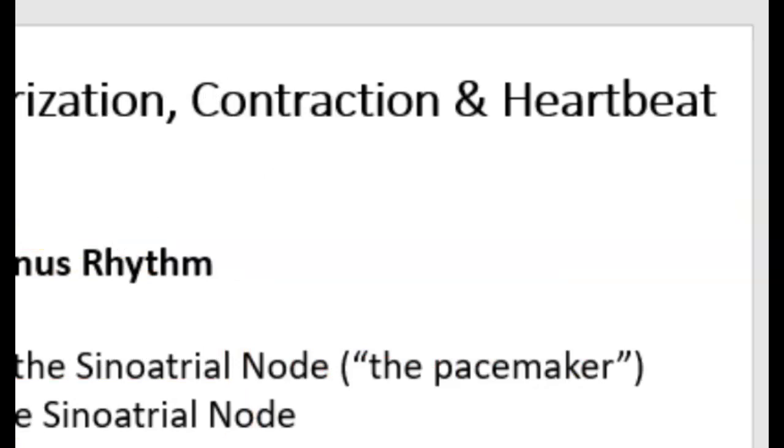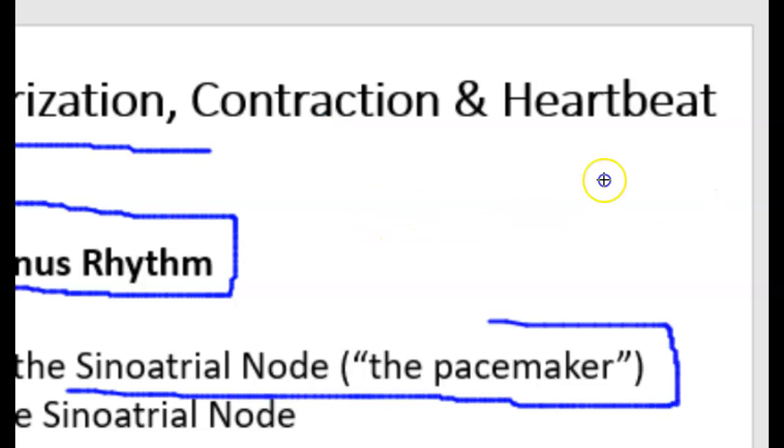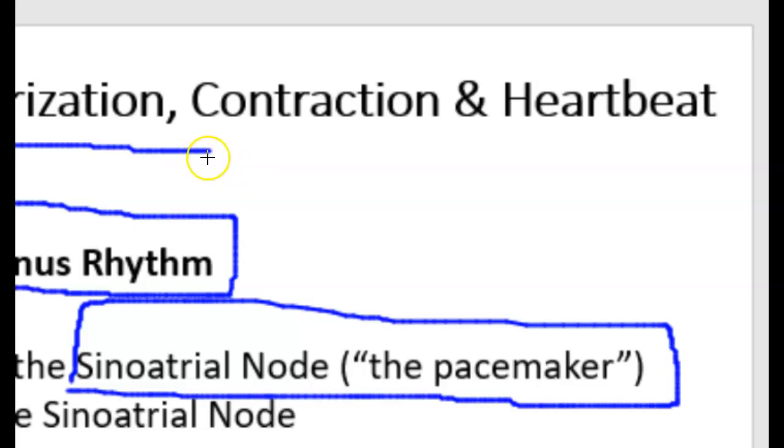So this typical rate of depolarization, or the formation of action potentials, is known as the sinus rhythm, set by the sinoatrial node, which is often called the pacemaker. It causes a typical contraction rate of the heart, the ventricles, somewhere between 70 and 80 beats per minute.